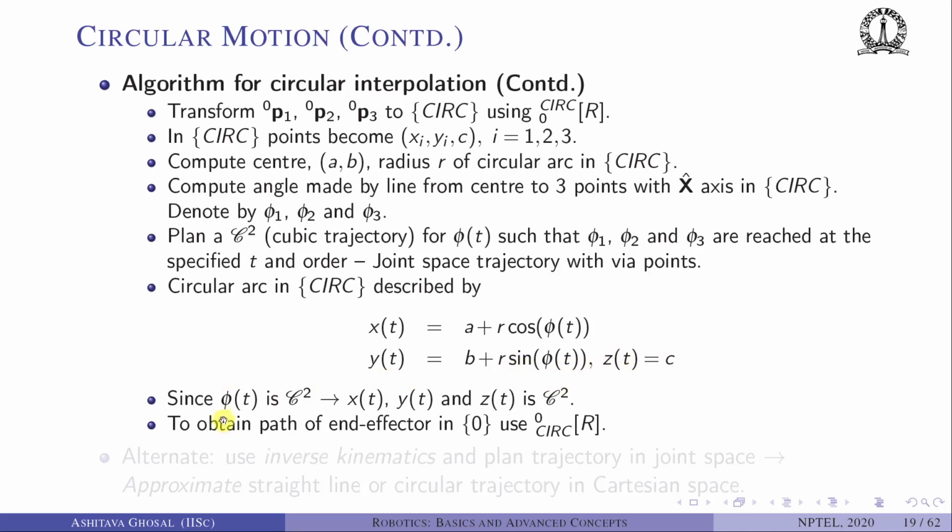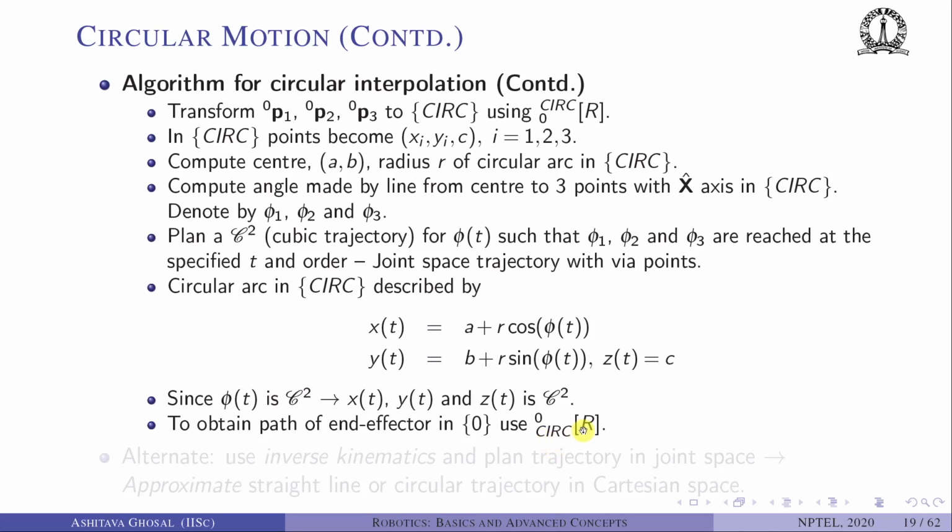Since phi of t is C2 continuous, done using a cubic trajectory, x(t), y(t) and z(t) are also C2. And then finally, to obtain the end effector path in the zeroth coordinate system, the fixed reference coordinate system, we pre-multiply x, y, z by the 0 CIRC R.